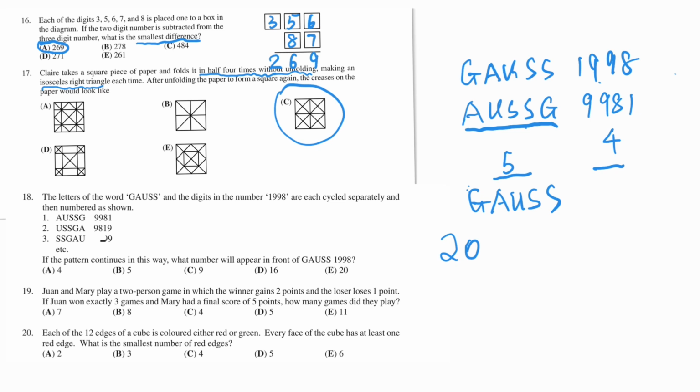So at 20 we get the same Gauss and 1998. So the answer is E.